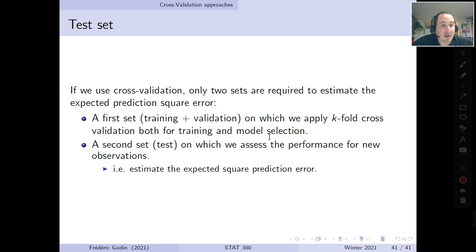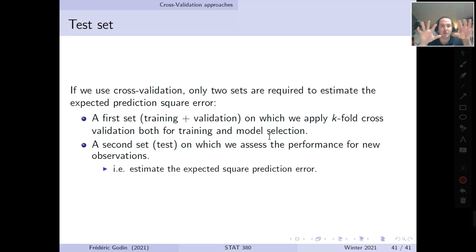So we said we need three data sets if we want to be rigorous, but in practice, often we can save one. If we use K-fold cross-validation, we can use only two data sets. We can have a first data set that we split into subsets and apply the cross-validation procedure to come up with, for example, the optimal value of capital K and the prediction function f hat.